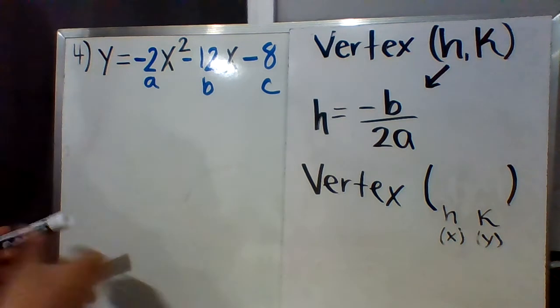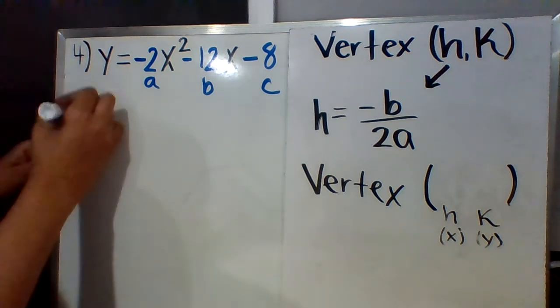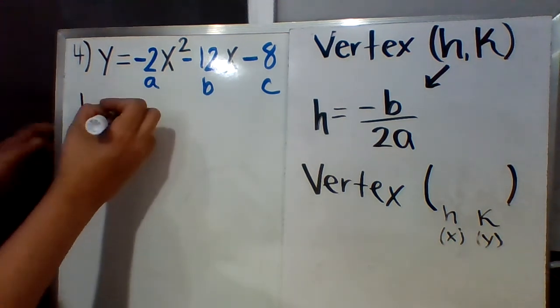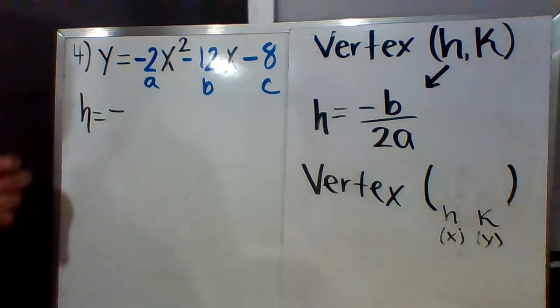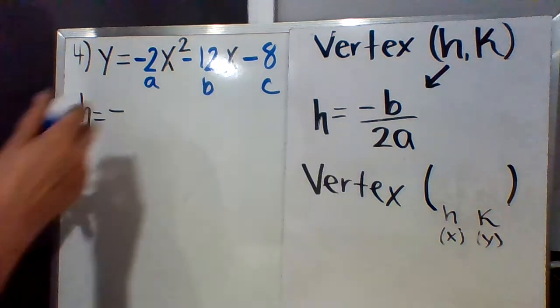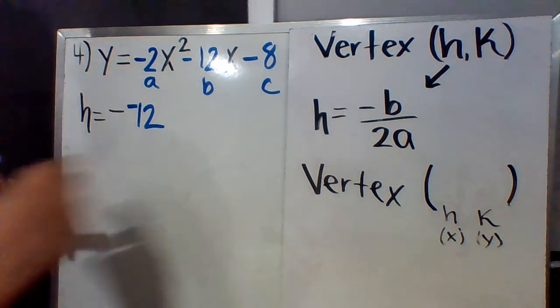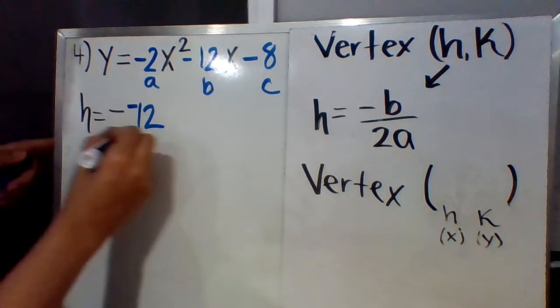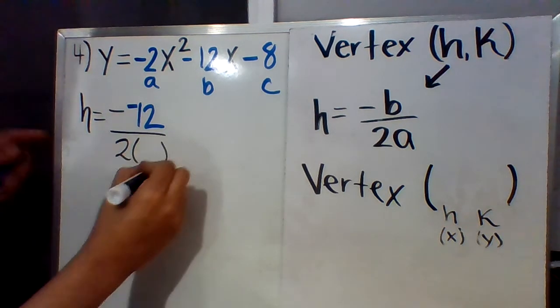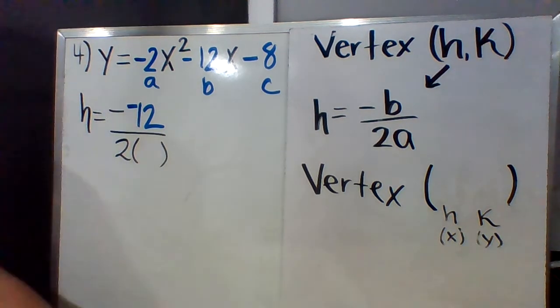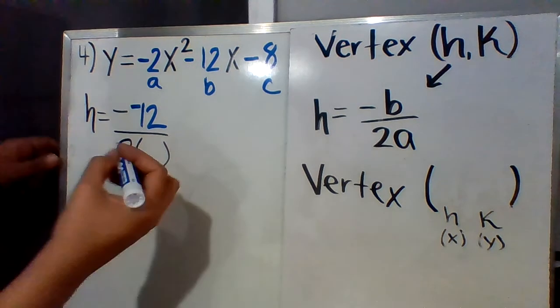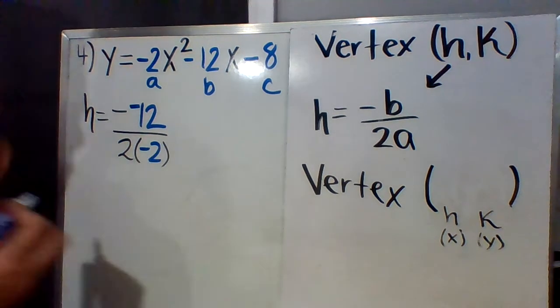So for the vertex, I'm going to put H equals, and then my formula says to grab the b, and b equals -12, over 2a. So I'm going to go 2 times a, and a in this example is -2. There's just negatives all over this problem, right?